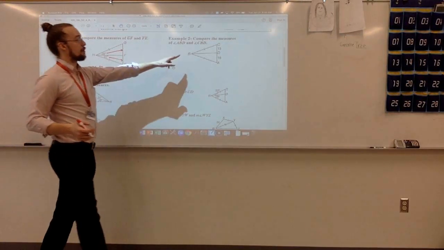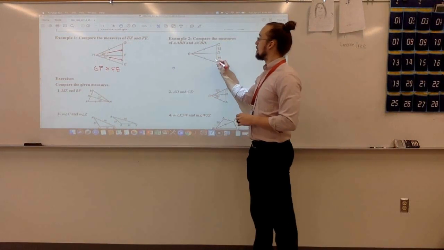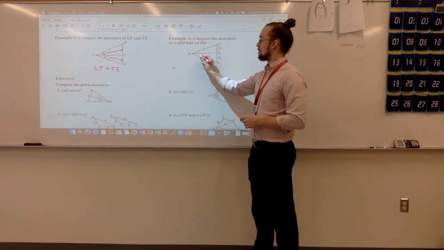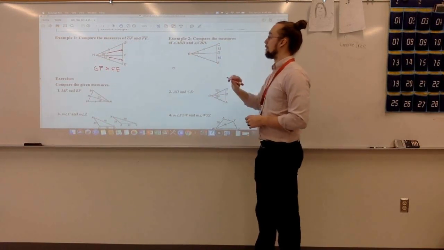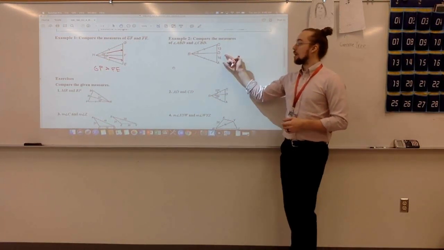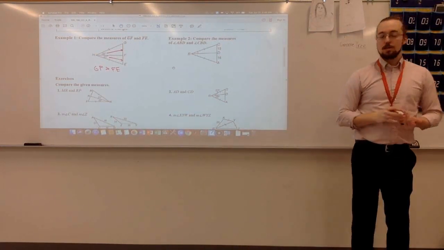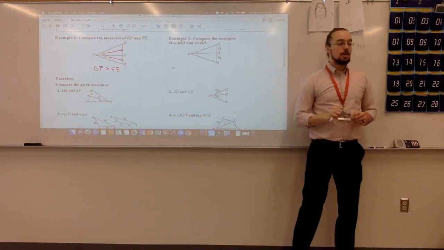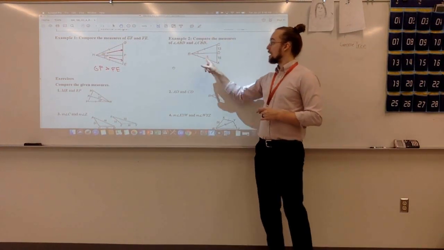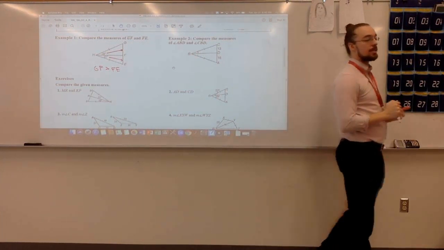Similar idea if we're comparing angles. Here it says compare the measure of angle ABD, this angle right here, with the measure of CBD, this angle up here. To do that, I'm looking at the sides that are opposite those angles. So here, I can say that angle ABD is larger because the side opposite is larger.